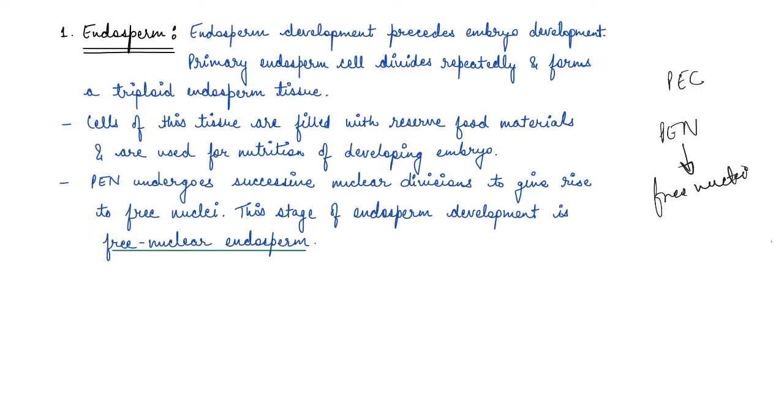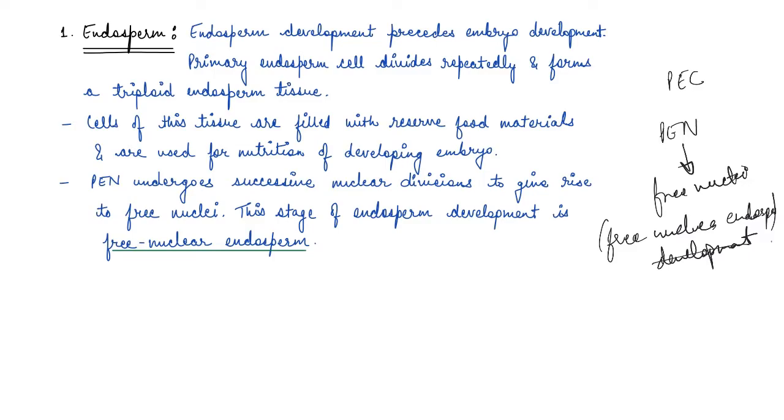Now, this stage of endosperm development is known as free nuclear development, wherein free nuclear endosperm is occurring. Subsequently, a cell wall is formed on these free nuclei. So the cell wall formation occurs and the endosperm becomes cellular.